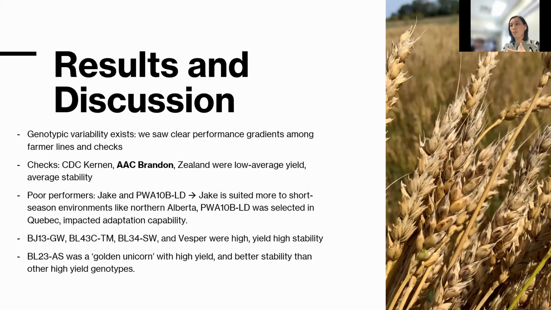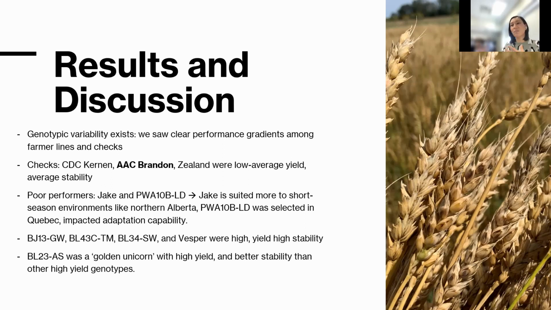And the poor performers, Jake and PWA10BLD, Jake is more suited towards very short season environments like Northern Alberta, which is where Dean Spinner's program is servicing. And PWA10BLD was selected in Quebec, so that may have impacted the adaptation capability of testing it under prairie conditions.